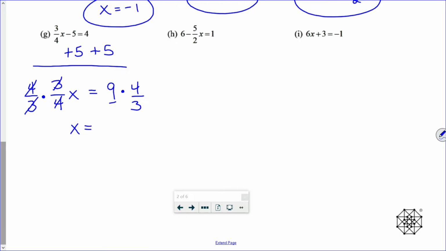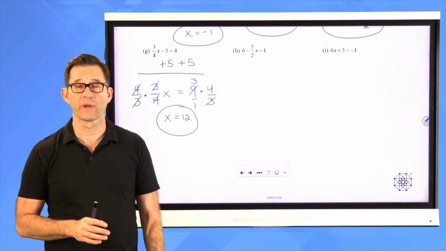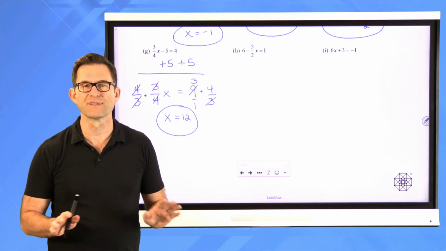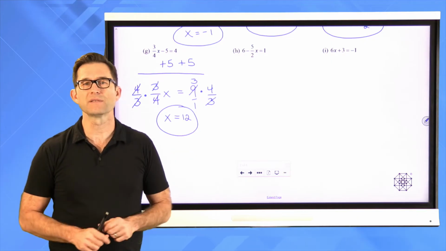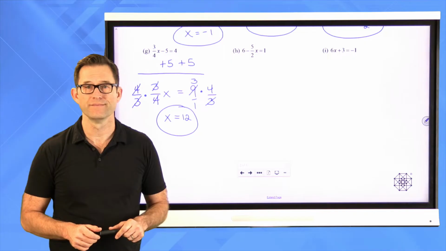And then remember, I could cross cancel, and then I get 3 times 4, which just gives me 12. A little bit tricky, but important to be able to know that little step. Instead of dividing both sides by a fraction, I multiply by the fraction's reciprocal.